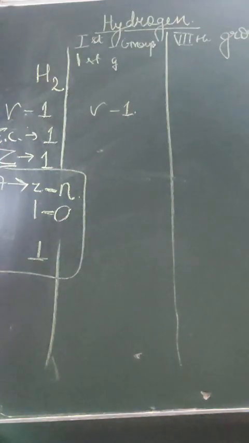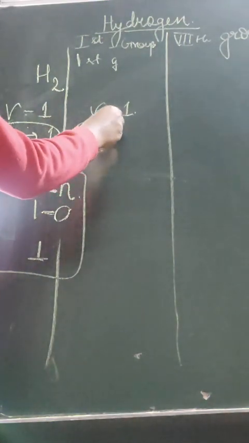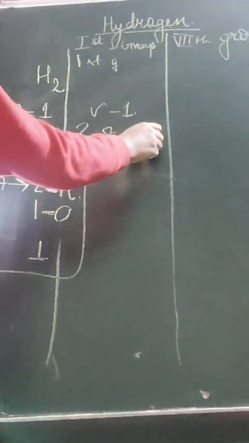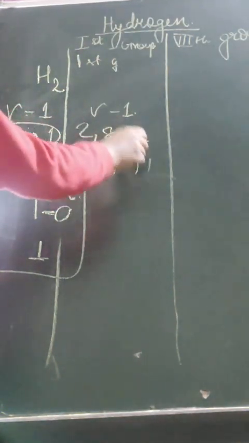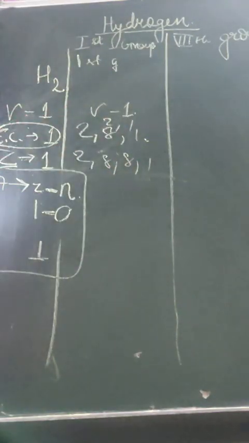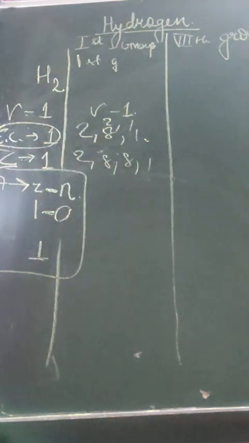Thus, all the first group elements have 1 in the end of their electronic configuration. Either it is 2, 8, 1 or 2, 8, 8, 1 or 2, 1 whatsoever, but it has 1, which is similar.